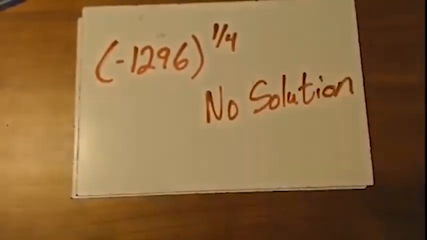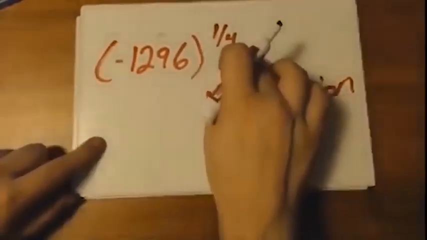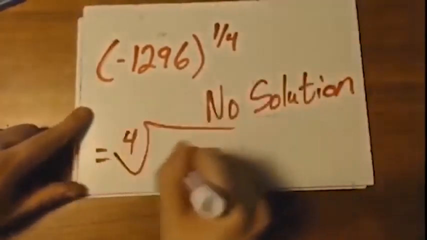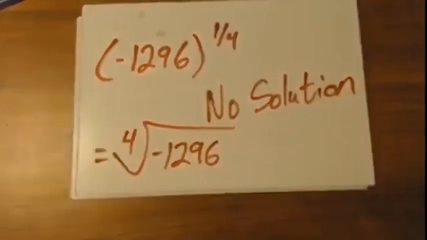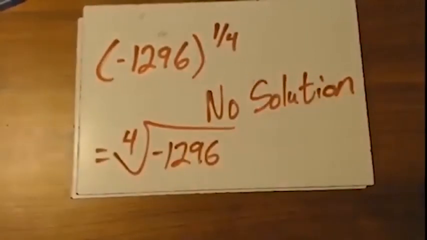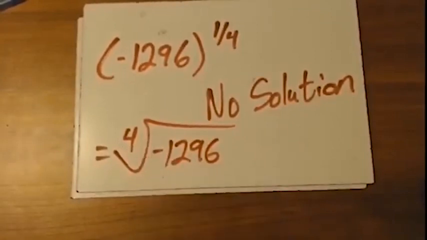We will not get an answer here because we're trying to take the 4th root of a negative number. We can't take even roots of negative numbers because there are no two numbers that are the same that when you multiply them together will give you negative. Positive times positive is positive. Negative times negative is positive. So if we're multiplying something together 4 times, it's always going to be positive, no matter what. Never going to get the negative.